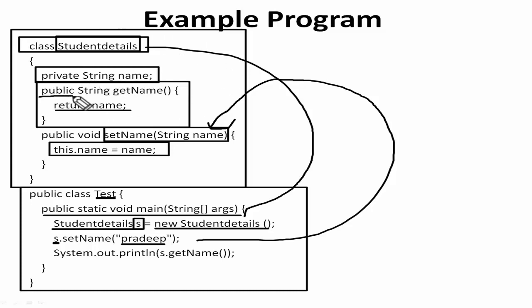If you observe, both the setter method and the getter method are public. By using them, you retrieve the name. System.out.println(s.getName()): where the getName function resides, it returns the name to System.out.println.